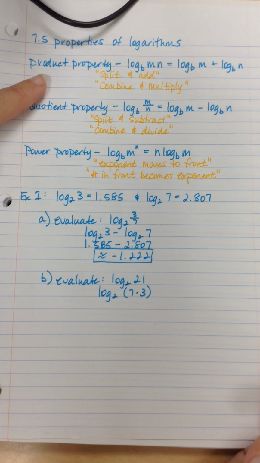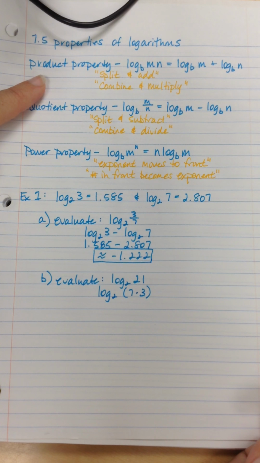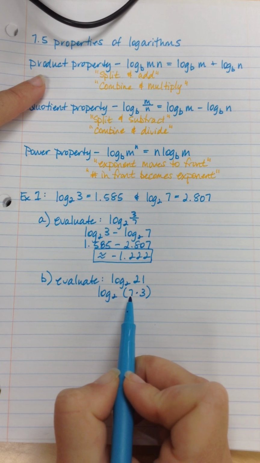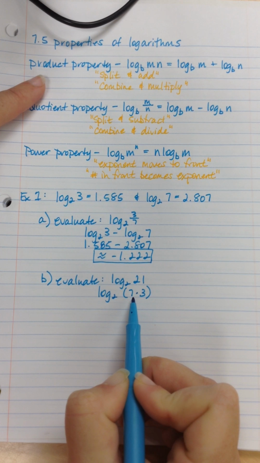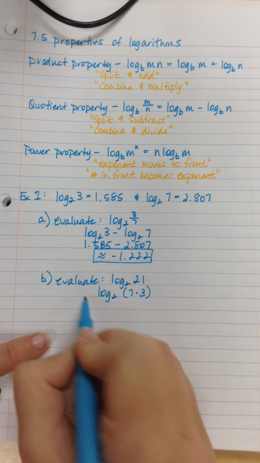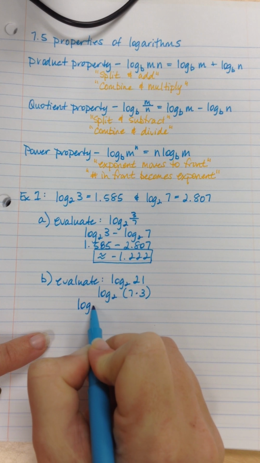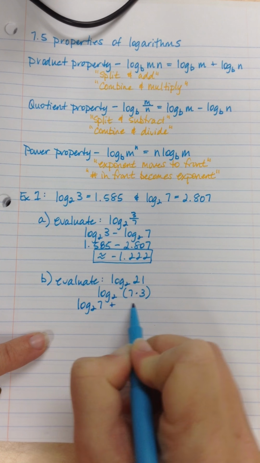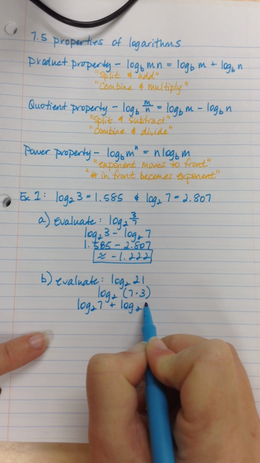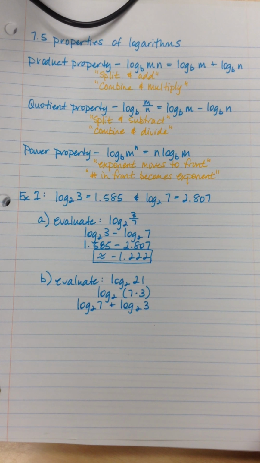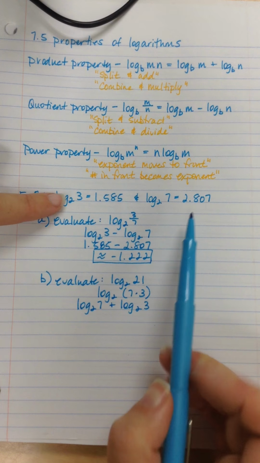And now I'm back up here at the product property because I have my 7 times 3. So if we have two things that are being multiplied together, we split them and add. So we're going to do log base 2 of 7 plus log base 2 of 3. And again, we have already been given this information.